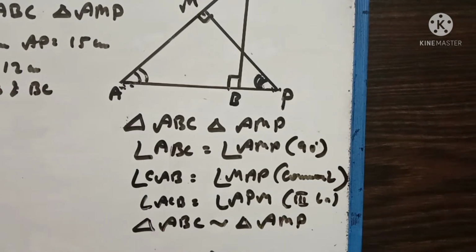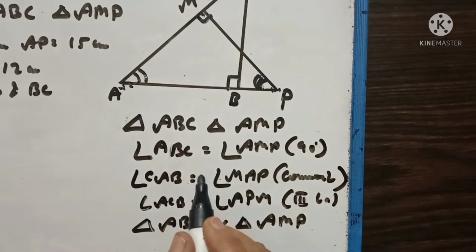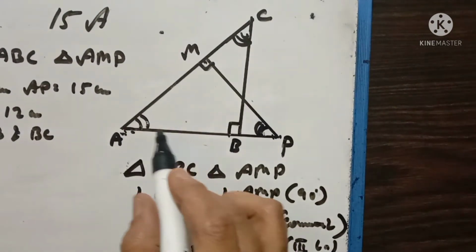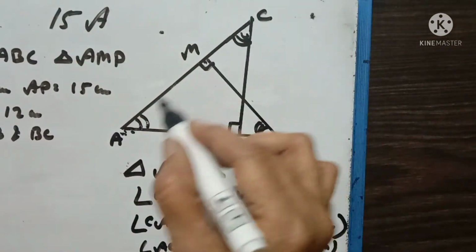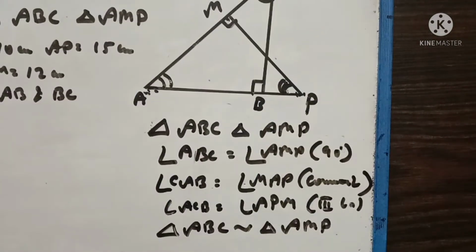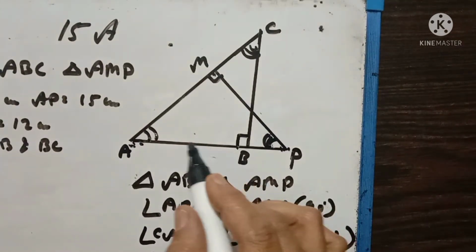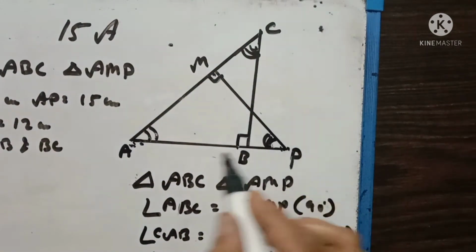Therefore, the corresponding sides are proportional. Let us write the sides now. Side opposite angle ABC is AC, side opposite angle AMP is AP.